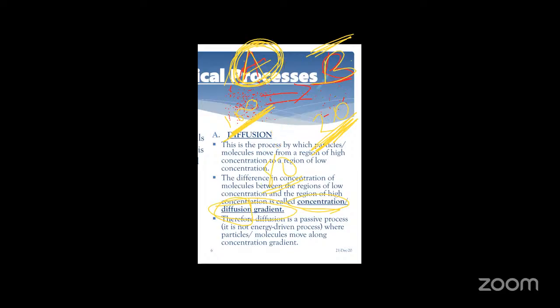For example, let me explain that point. I'm repeating the point I've said. So long as there's a difference in concentration between two regions, diffusion will always take place, because that means there's one region that is highly concentrated and there's another that is lowly concentrated. Let me illustrate.